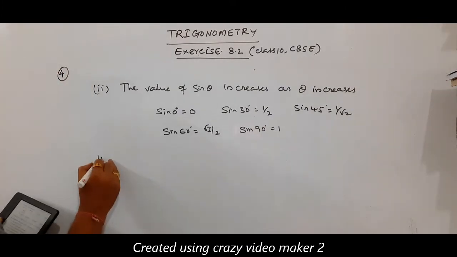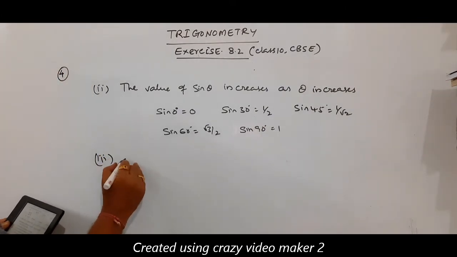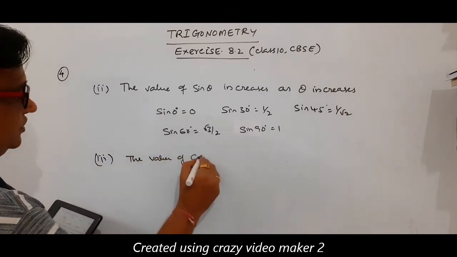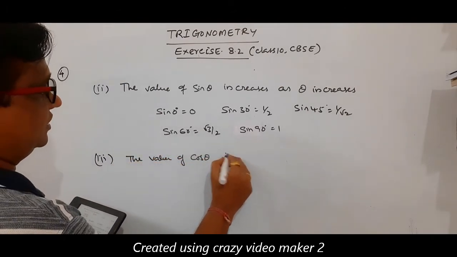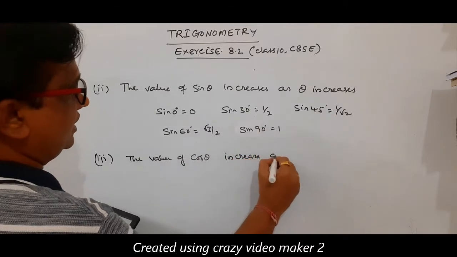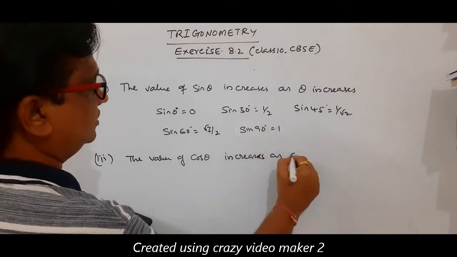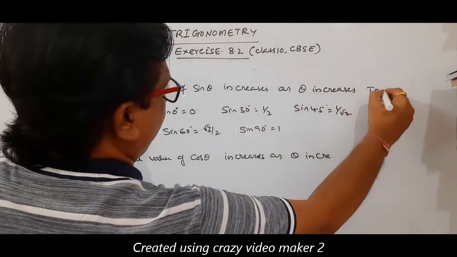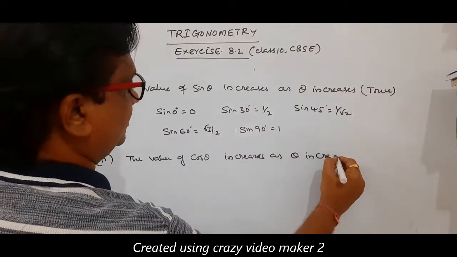Suppose you take cos theta, that is in decreasing order. The value of cos theta increases as theta increases, so this is false. This one is true, but this one is false. Why?